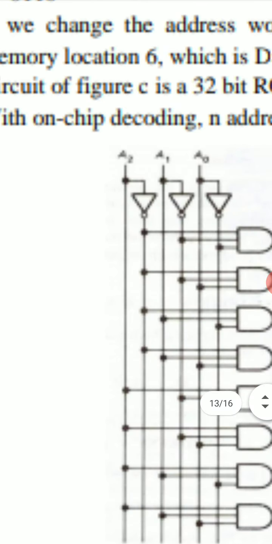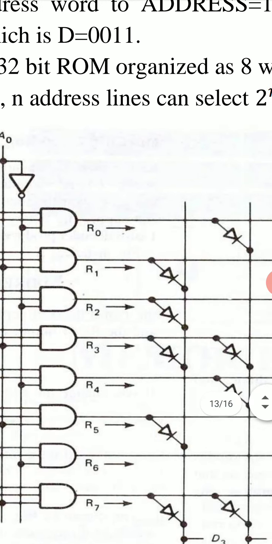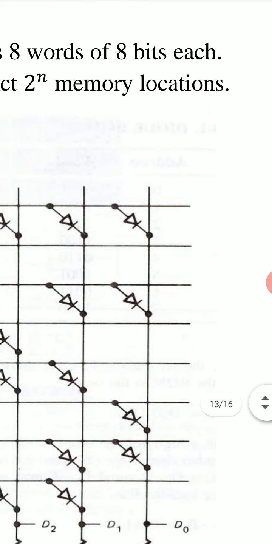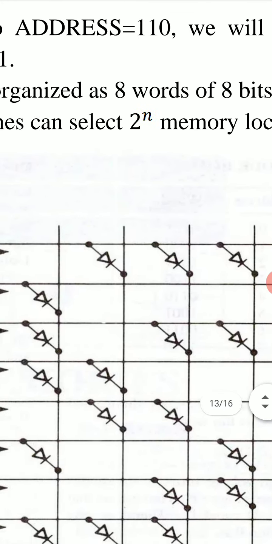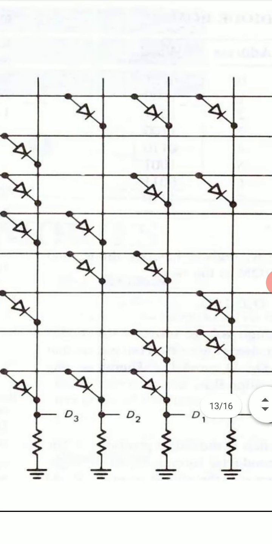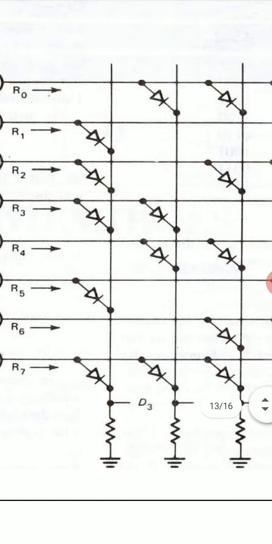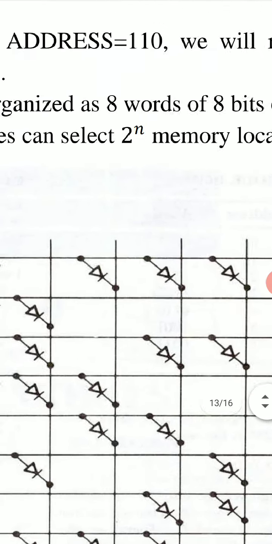Circuit of figure C is a 32-bit ROM organized as 8 words of 4 bits each. 8 words because we have 8 registers from R0 to R7, and each register is storing a binary word of 4 bits each.